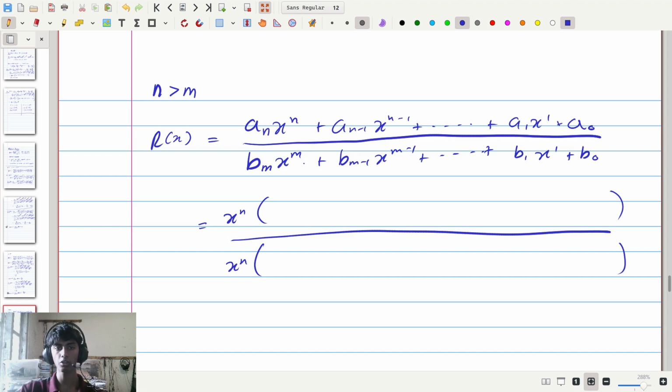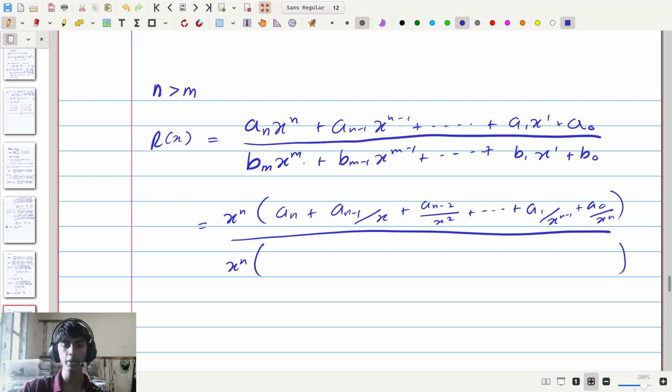Factoring this out, on top we get a sub n plus a sub n minus 1 times 1 divided by x, plus all the other terms will have negative powers of x. The next is a sub n minus 2 divided by x squared plus dot dot dot. The last term is a sub 1 divided by x to the power of n minus 1, and the term after that is a sub 0 divided by x to the power of n. On the numerator, that's what we are going to have.